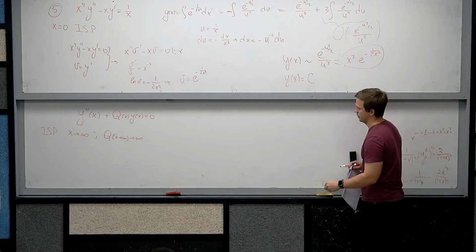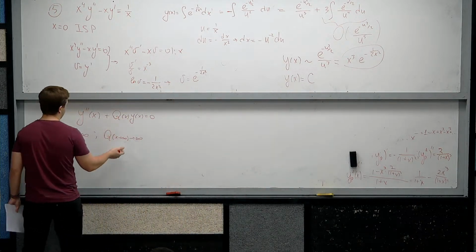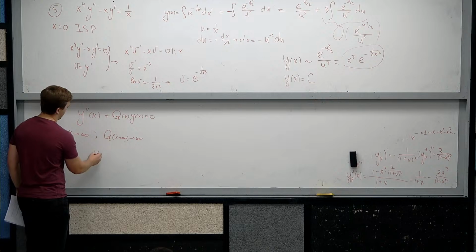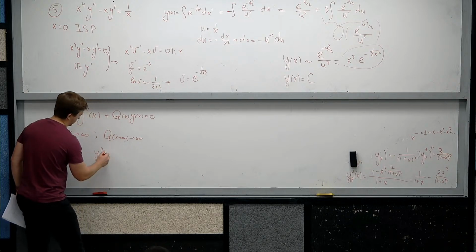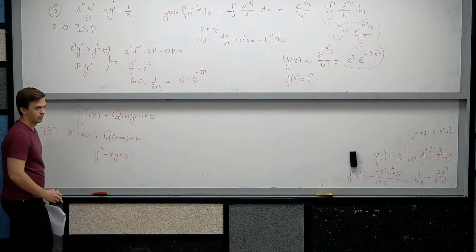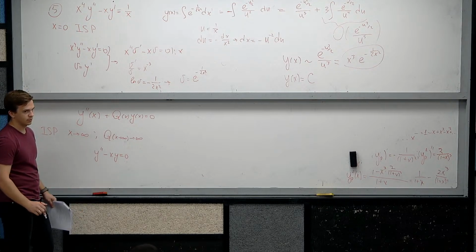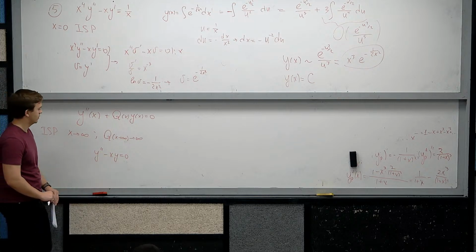And you already know an example of this equation. It could be y double prime minus x y equals 0, and this is the Airy equation. We know the solution of it, eigenvalue functions, right?